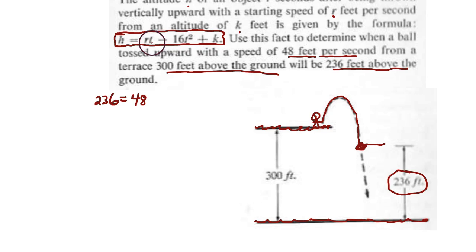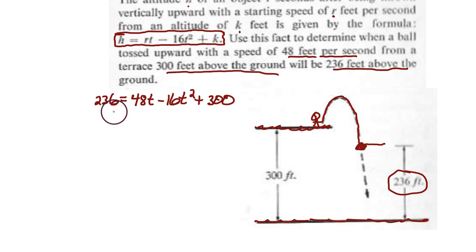The letter t is the time that the ball's in the air. That's what we're asked to figure out, so leave it as the unknown variable t. Then minus 16t squared plus k. In the paragraph, we're told that k is the starting altitude of the ball. That was 300.